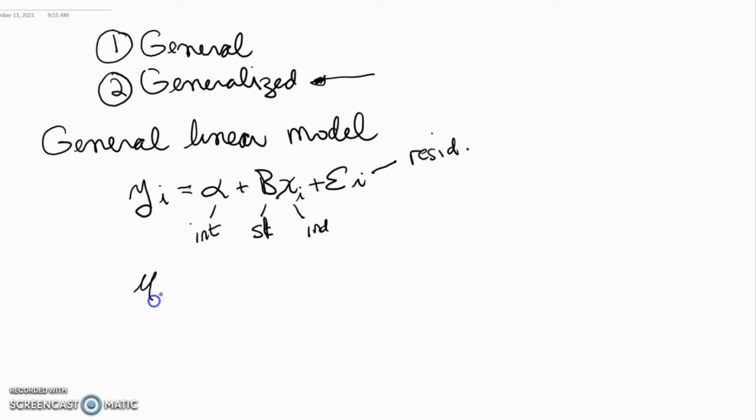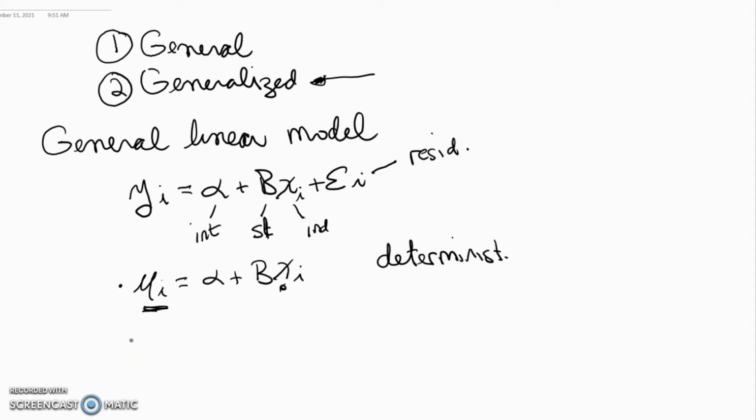In the first step, we're going to say mu i is equal to alpha plus b x i, and it's worth noting that mu i is going to be determined deterministically. There's not going to be any variable. So if you had two different individuals with the same particular value of x, they would have the same particular value of mu.